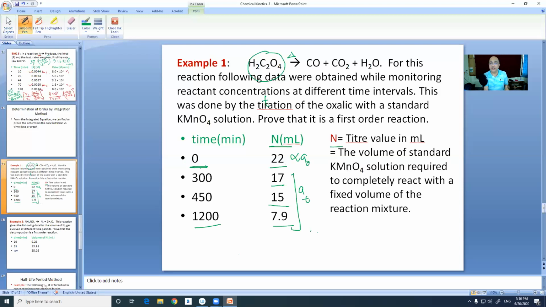So there is no point in getting the absolute value of oxalic acid. Whatever titer value you get from the titration experiment, that volume will be proportional to the amount of oxalic acid, the reactant, present at any time. So this value is fixed and will be used for all, it is A0. And all other values are A_t.